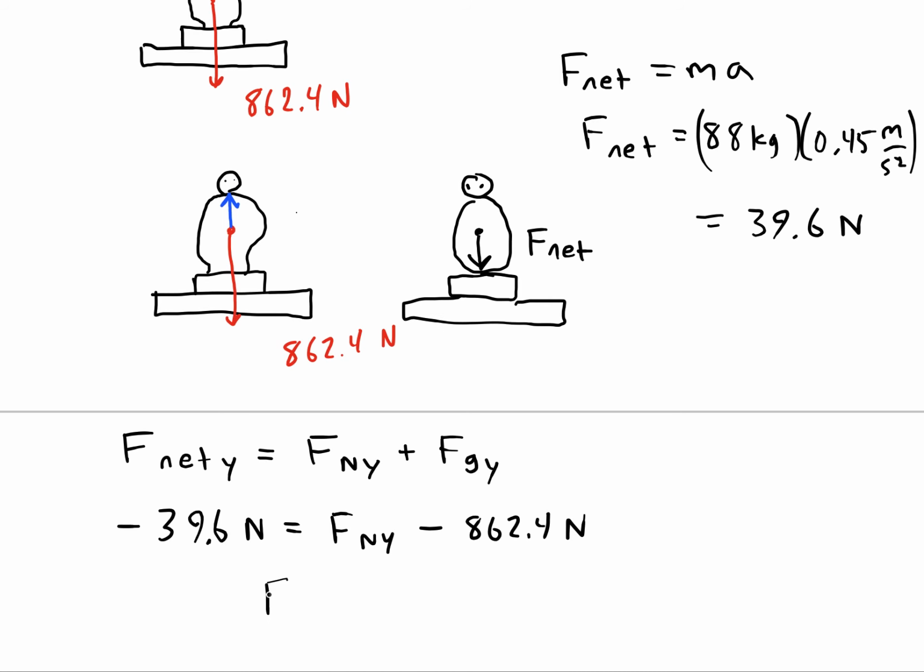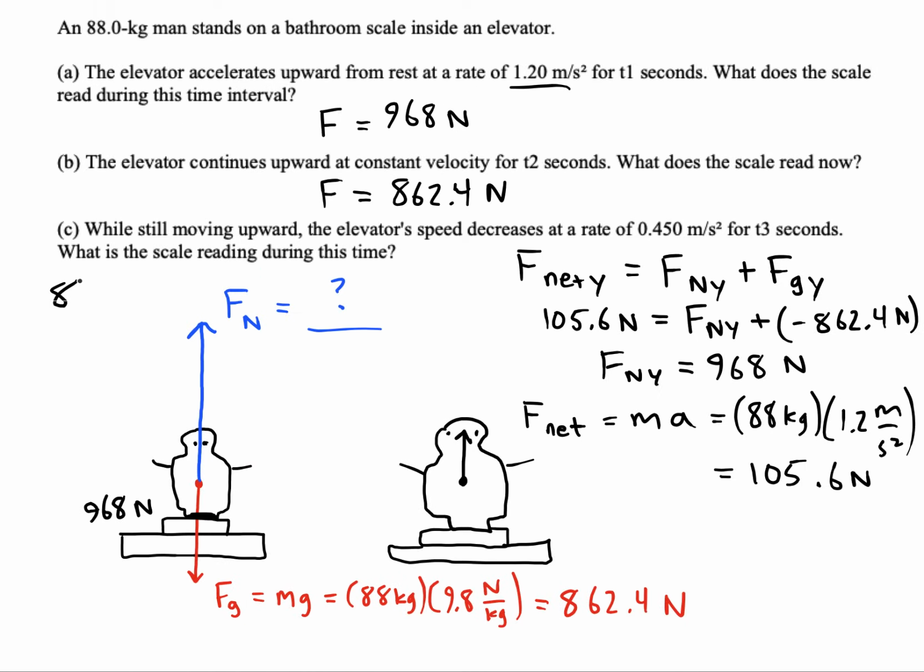And this will allow us to solve for the normal force. So now it's only 822.8 newtons. So the person reads the scale and they say, oh, okay, I'm lighter now, because there's just not as much force between the scale and themselves at that time. So final answer for C would be 822 newtons.